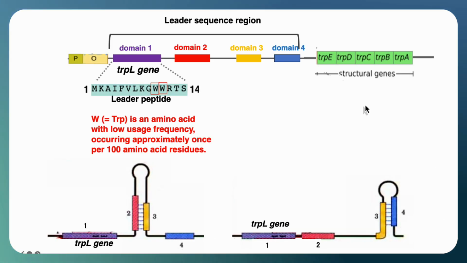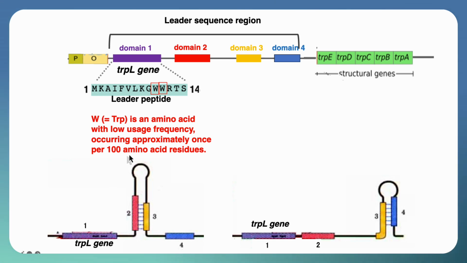To explain this mechanism, let's examine the leader sequence region of the tryptophan operon in detail. The leader sequence region consists of 4 domains. The first domain encodes a short peptide composed of 14 amino acids. Interestingly, these domains can form interesting three-dimensional structures due to complementary sequences within each domain.